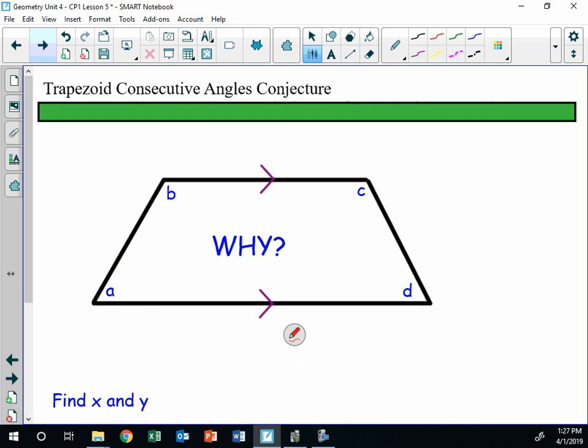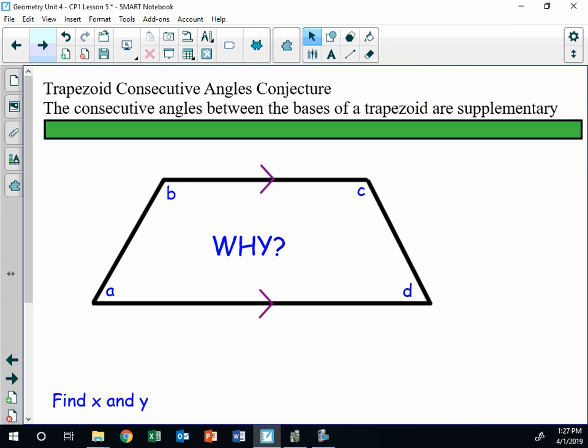So from this, we can get our trapezoid consecutive angles conjecture. The consecutive angles between the bases of a trapezoid are supplementary. Now, why is this true? This goes back to our idea of parallel lines intersected by a transversal.